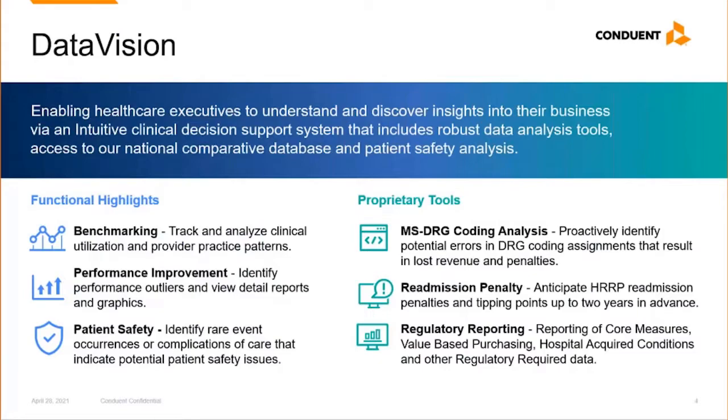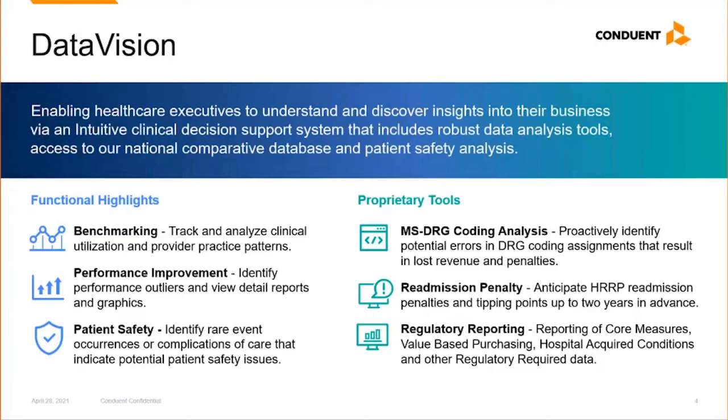DataVision is your benchmarking tool. It lets you track, analyze utilization patterns. It's what you use in performance improvement to look for those outliers and those opportunities. It identifies patient safety issues around poor outcomes. You may even look at some of your coding to make sure that your risk adjustment is accurate. Of course, don't forget those readmission penalties.